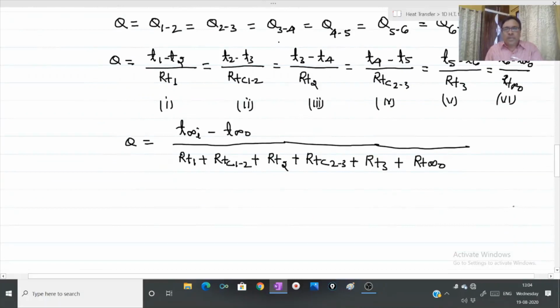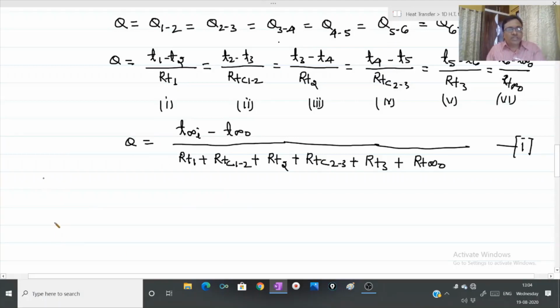Let's say this is equation number 7. T infinity I and T infinity O are given to us, and RTC12 and RTC23 values are also given to me. So if I can calculate RT1, RT2, RT3 and RT infinity O, I can easily calculate the rate of heat transfer.